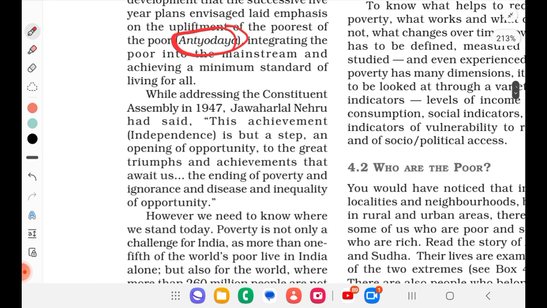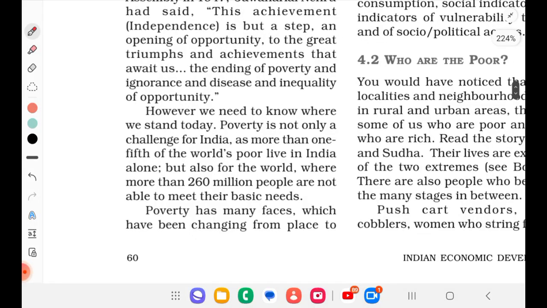While addressing the Constituent Assembly in 1947, Jawaharlal Nehru had said, "This achievement, independence, is but a step, an opening of opportunity to the great triumph and achievements that await us, the ending of poverty and ignorance and disease and inequality of opportunity." However, we need to know where we stand today.